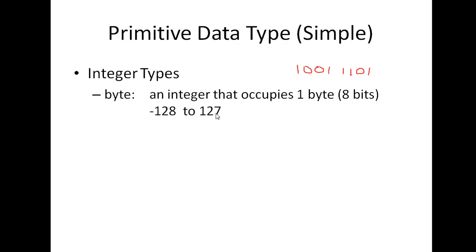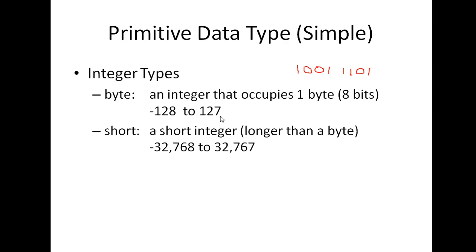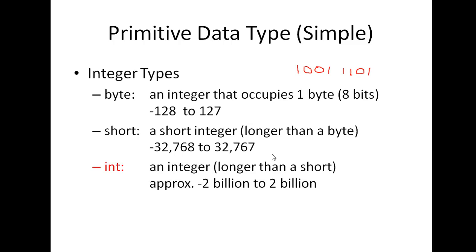You can't store the number 130 in a byte variable; it's got to be between negative 128 and 127. A short is another integer type, and that is longer than a byte, and you can see there that it contains from negative 32,000 to positive 32,000. Then there's an int. Now it's in red because this is a type that we're going to use.